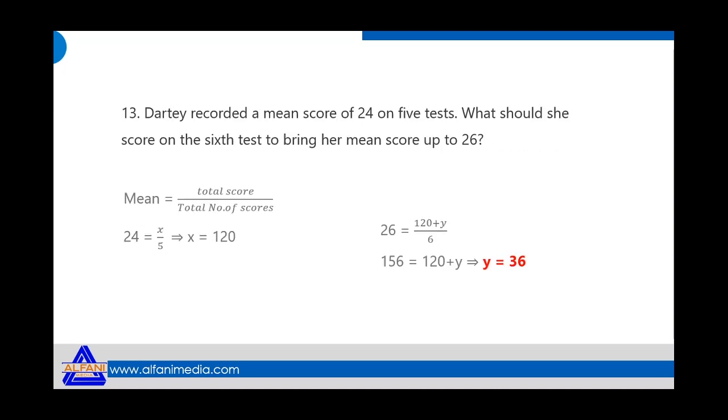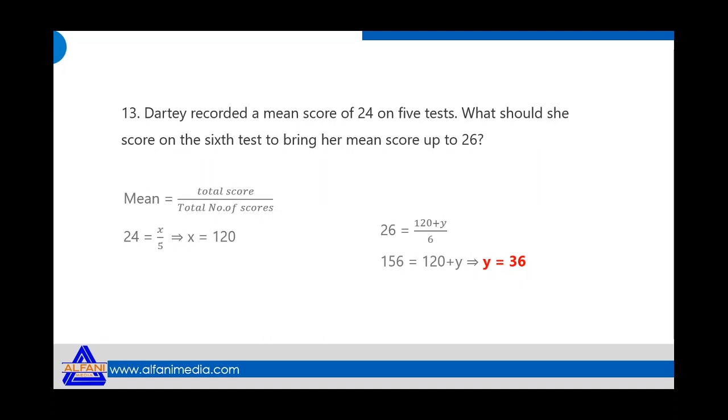This also needs some small working. First, to get the mean, all you need to do is to have total score divided by total number of scores. I've already been given the first mean, from when she did the tests.